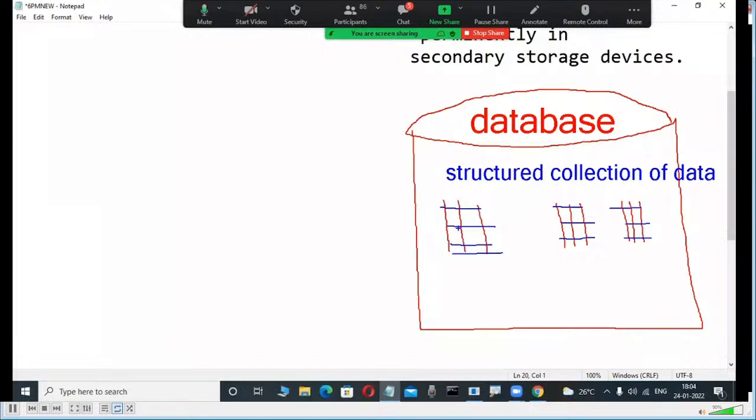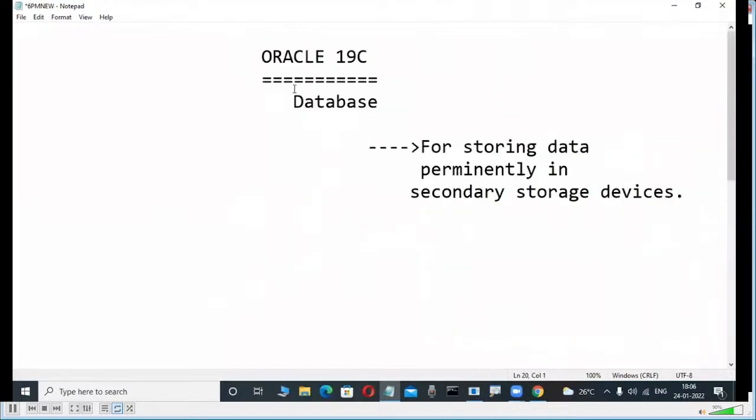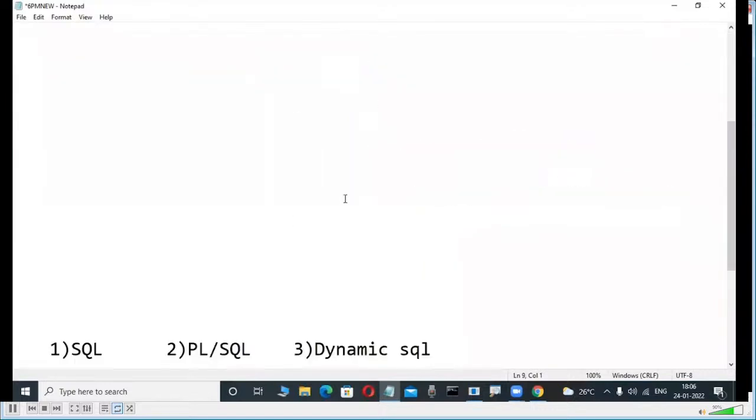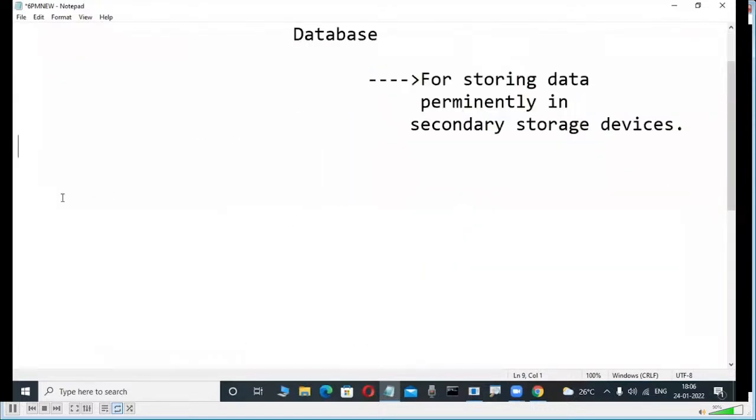Once we have a structured collection of data, for handling and operating this data, which language do we use? Very good: SQL, structured query language. That's why these databases are implemented based on the relational data model. What is that? Today I will tell you. Oracle, SQL Server, DB2, Sybase, MySQL are all implemented based on the relational data model.